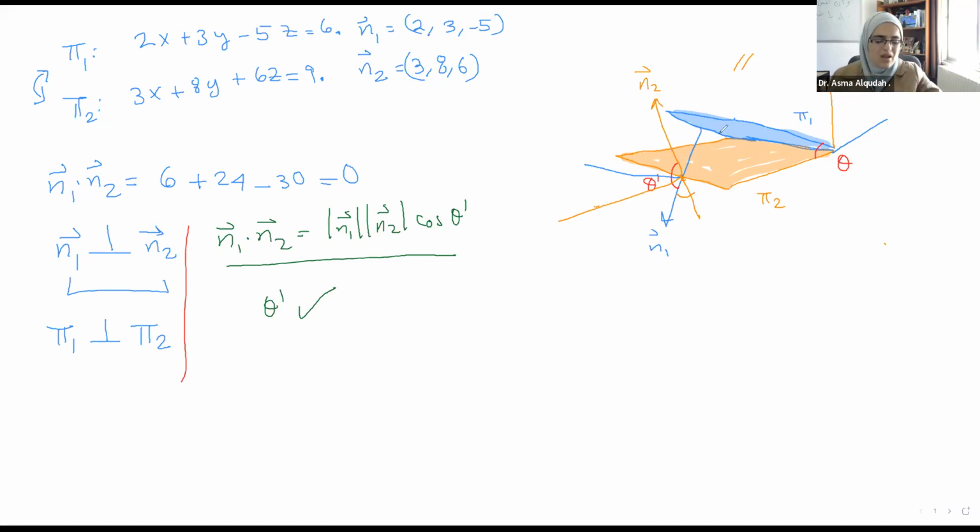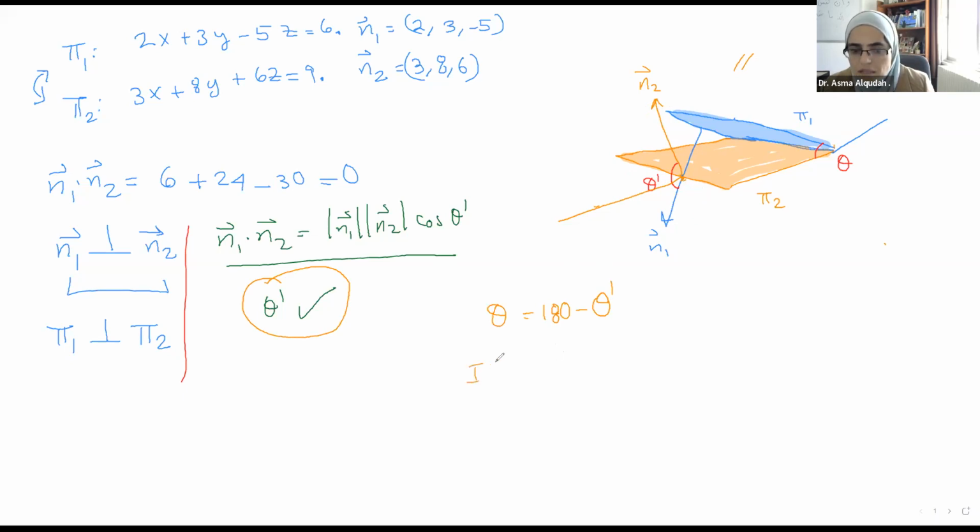I will show you how we find it in the next lecture. But the thing is that the relation between theta prime, the angle we find between the two normals, and theta is that theta is equal to 180 minus theta prime. So let's say we found theta prime between the two normals to be, for example, 100, then theta will be equal to 80.